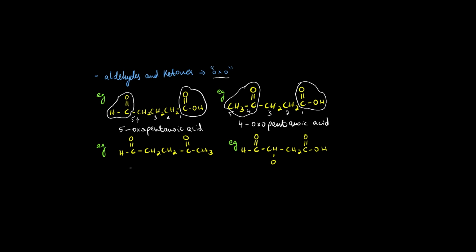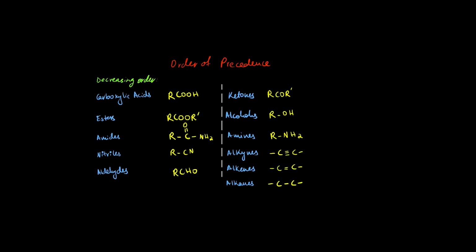Now let's look at the third example. Now in the third example, we have an aldehyde group and a ketone group. Now when we have an aldehyde and a ketone group, let's look back at what holds precedence. Aldehydes hold precedence over ketones.